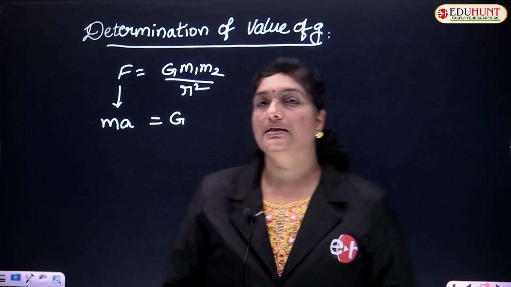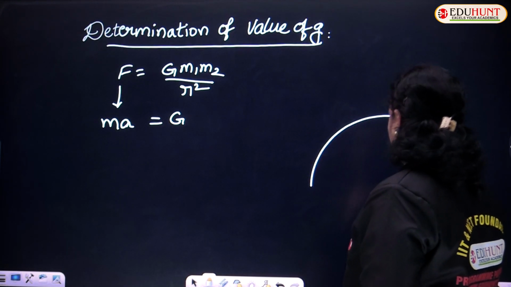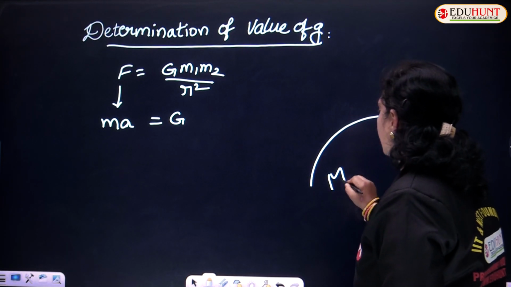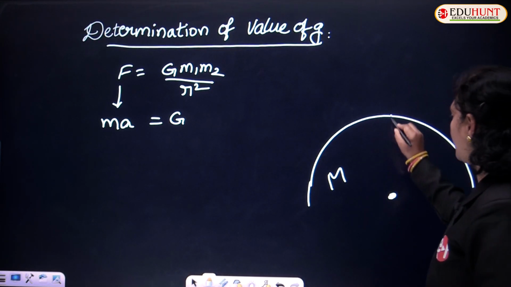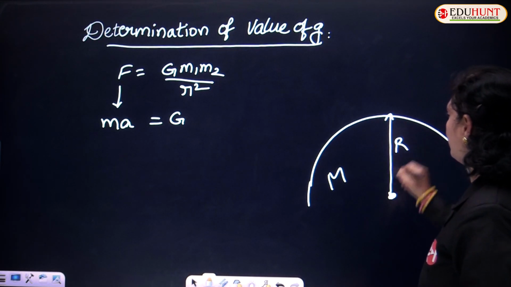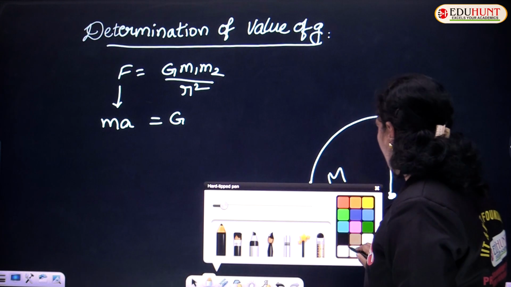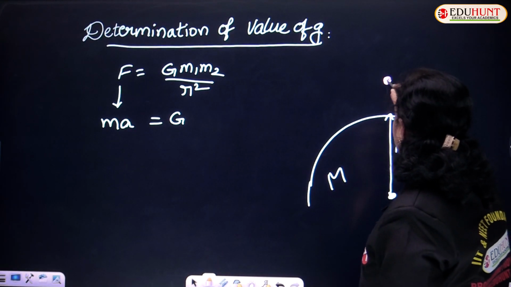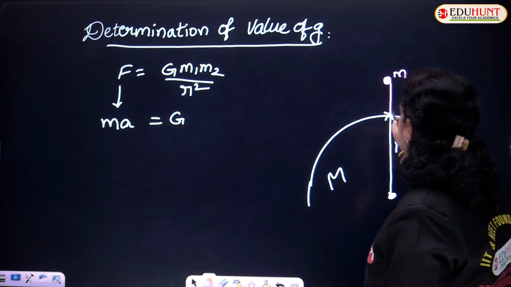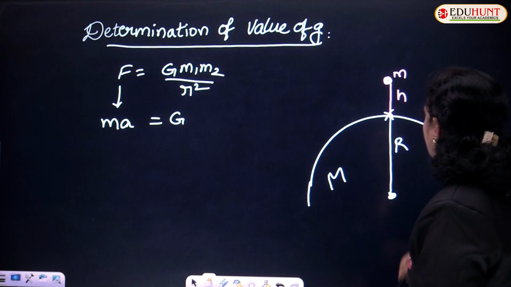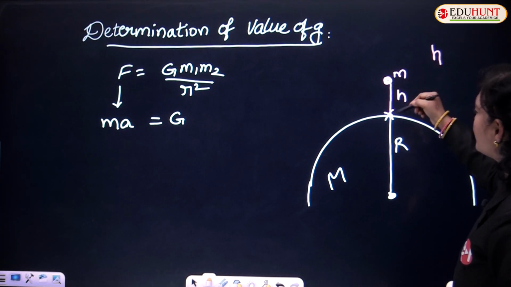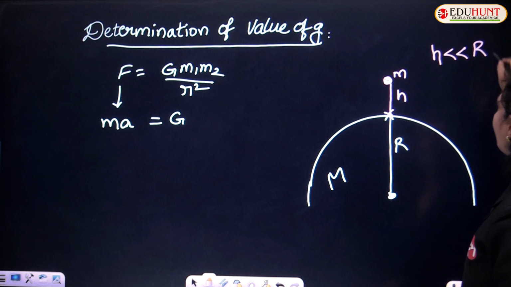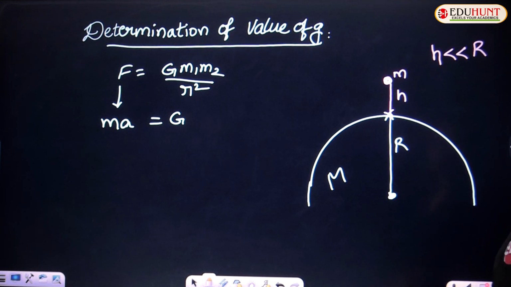So let us consider the Earth, whose mass is M. Let this be the center of the Earth and this be the radius of the Earth R. Let us consider a small body of mass m dropped from a certain height, say h, such that the height from which the body is falling is very much less than the radius of the Earth.